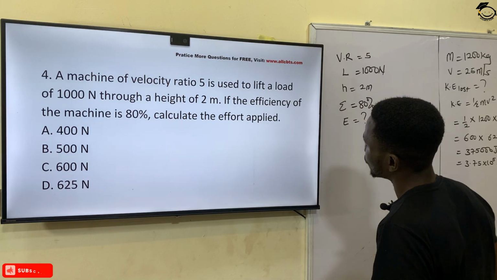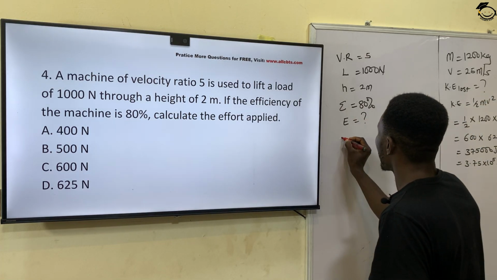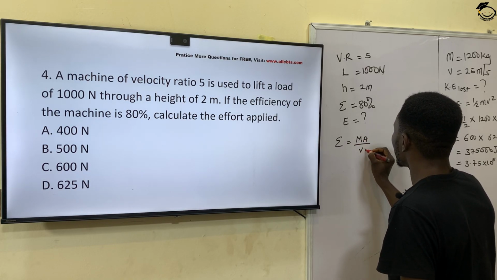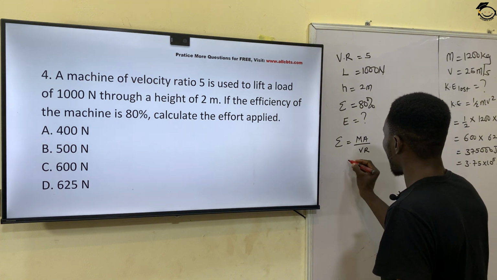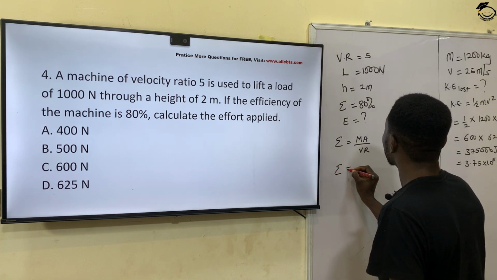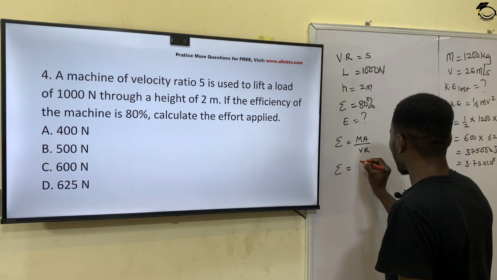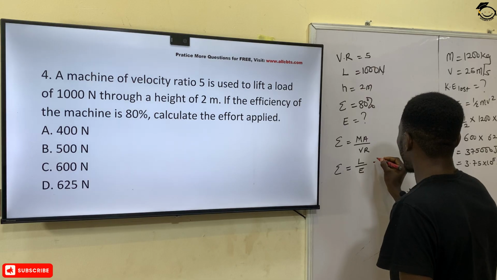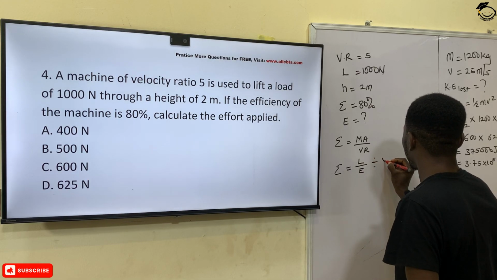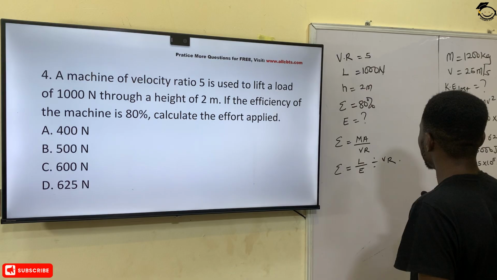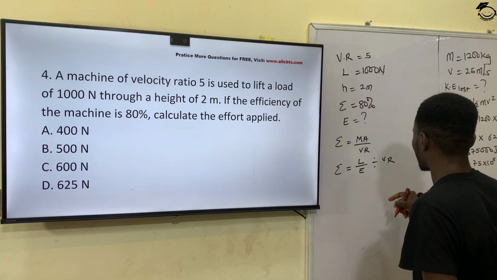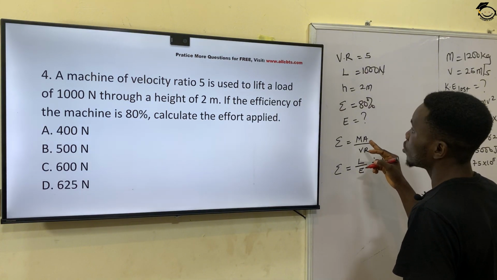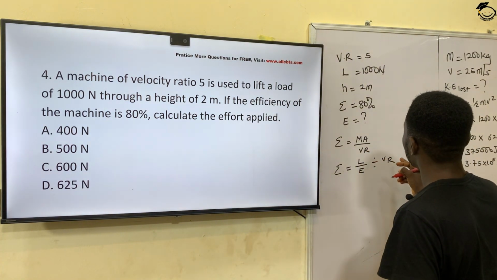We do not know the effort, but we know that our efficiency is equal to mechanical advantage over velocity ratio. My mechanical advantage is load over effort, divided by velocity ratio. So I am looking for the effort applied.